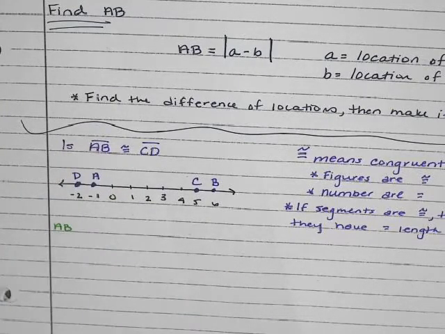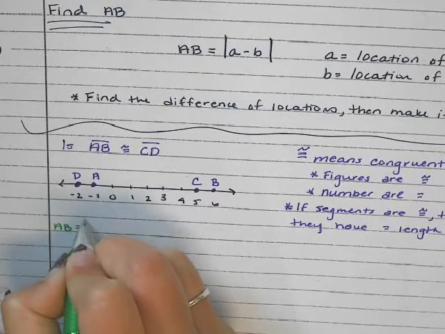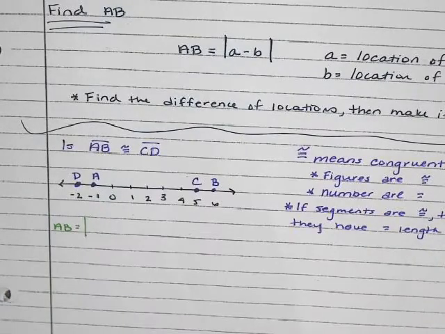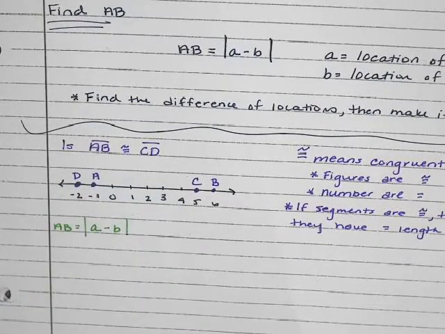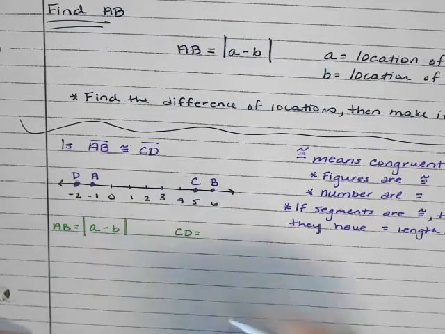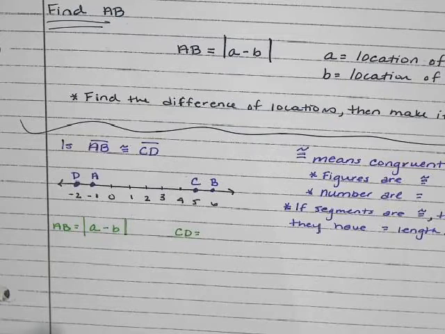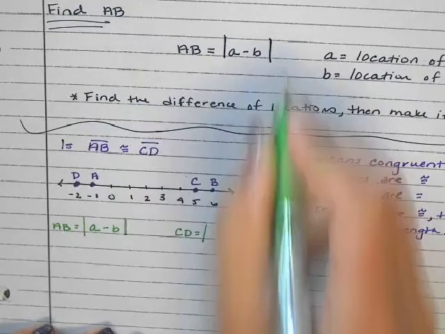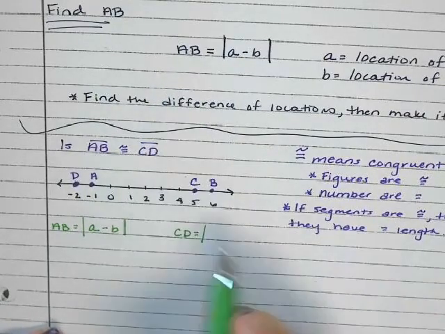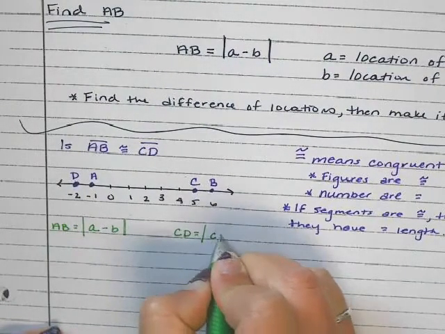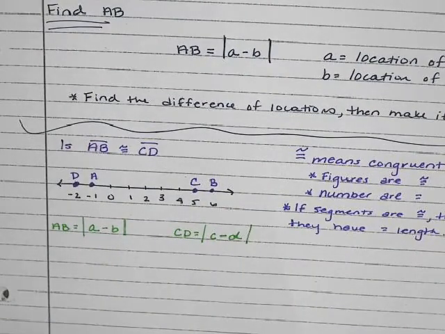The way I'm going to do that is by using this exact equation, the absolute value of the location of A minus the location of B. Then I'm also going to have to figure out the length of segment CD, and I'm going to have to rearrange that equation because they didn't give me the equation for segment CD. So notice you'll just use small c minus small d, and you wrote the equation to find the length of segment CD. Are we okay with that?